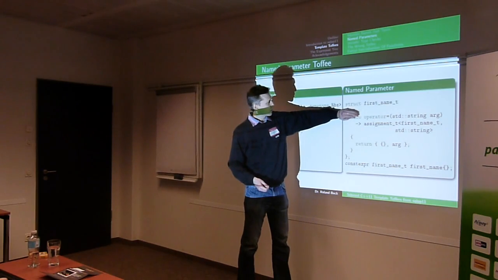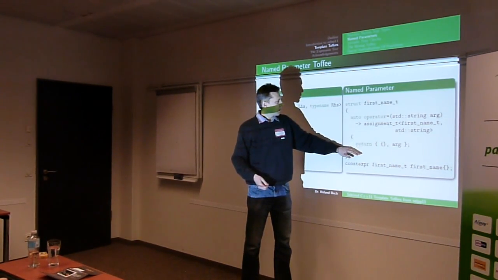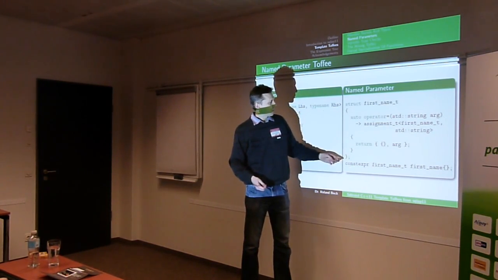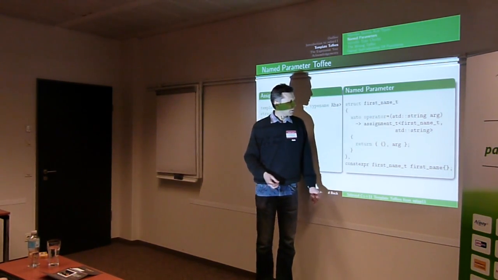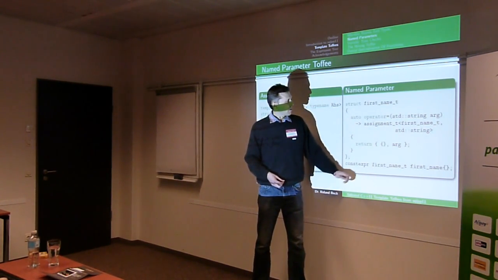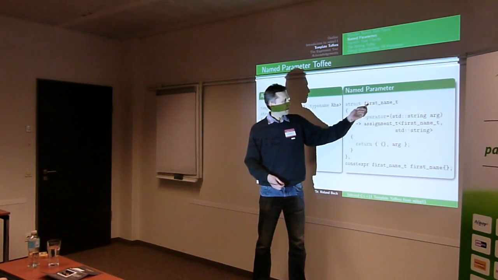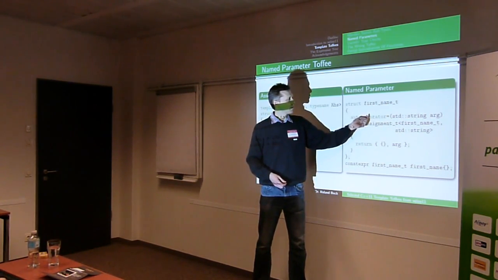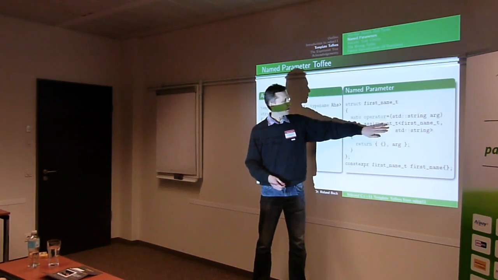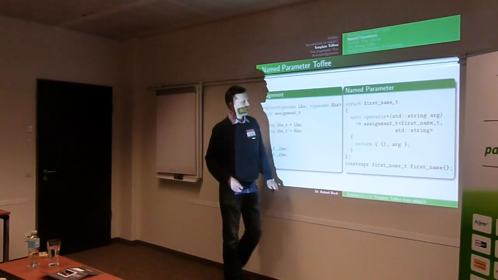You create a struct with some name, and it's pretty much empty with the exception of the assignment operator. And let's say you have a string argument, then the assignment operator returns not an initialized version of this object, it returns an assignment, this thing here.